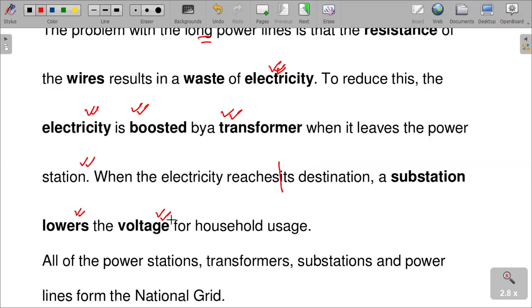So when it is transported from the production station and reaches the substations, a transformer is installed, which can reduce the voltage of electricity for household use when it is distributed to the households.